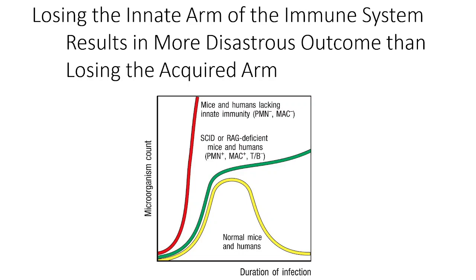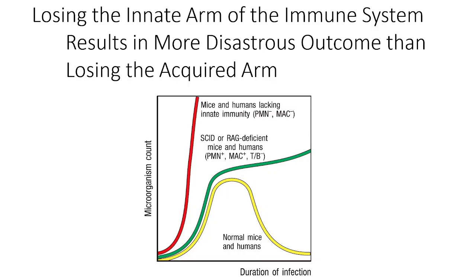Now, losing the innate arm of the immune system results in a more disastrous outcome than losing the acquired arm. What does it mean? So, say for example, in normal mice and humans, that's the green line. So both the innate and the adaptive immune systems are functional.